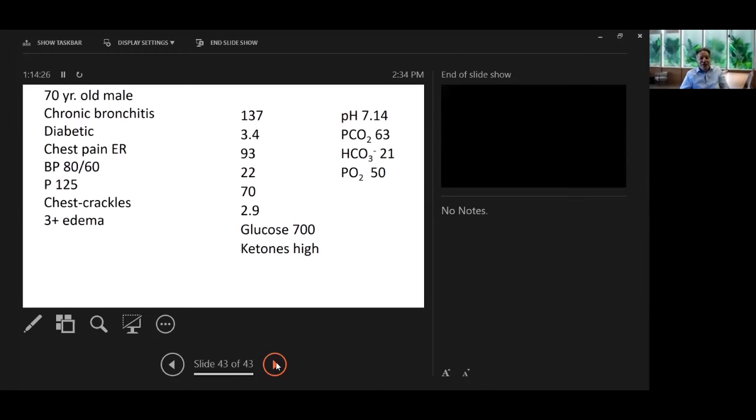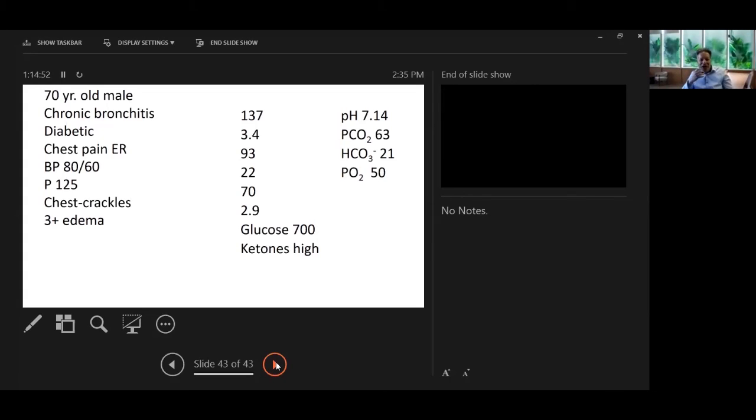So this patient is a 70-year-old with chronic bronchitis, diabetes, chest pain, complicated patient with crackles and edema. The patient has a PCO2 of 63 and a bicarbonate of 21. So right away, they're opposite in direction. You know, there's something mixed going on.